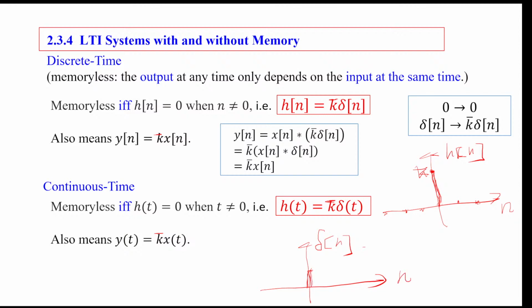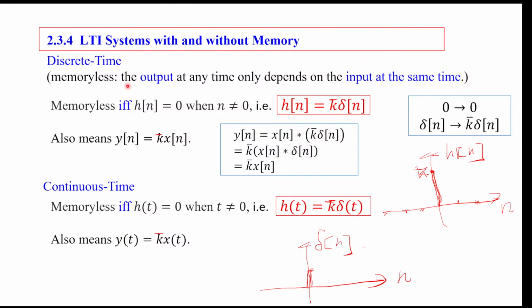Delta of n is only different from the 0 function at n equal to 0. For a memoryless system, the output only depends on the input value at that particular point. So for any n not equal to 0, since delta of n is the same as the 0 function, the output should be 0.